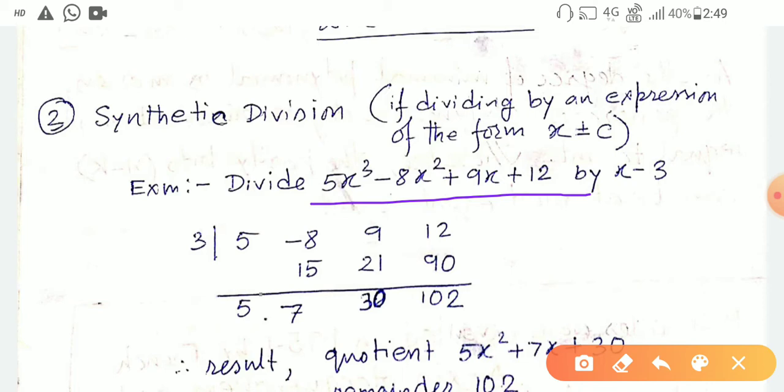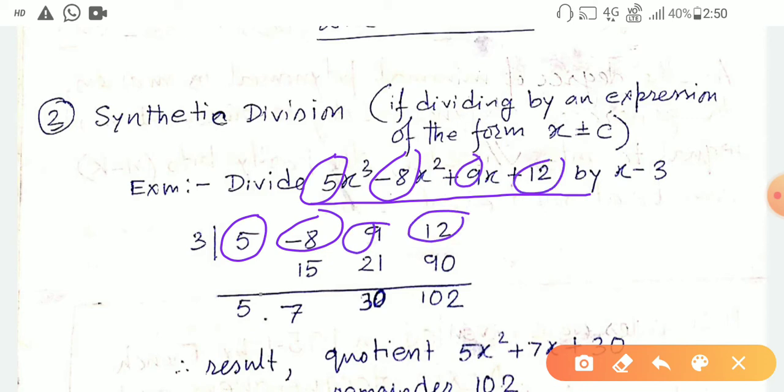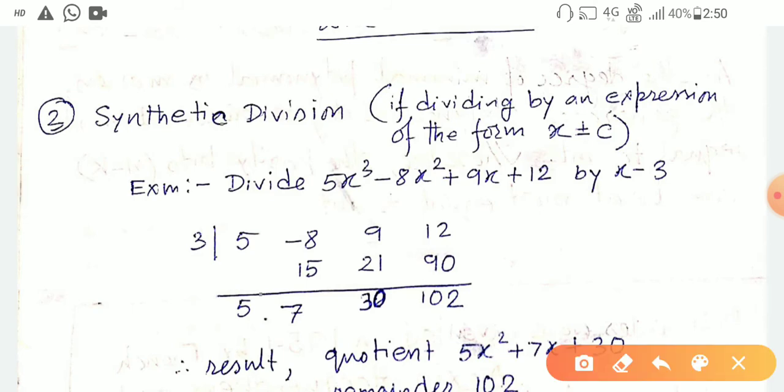You just identify the coefficients of each term. If any term is missing, you should apply 0 at that coefficient position. So here it will be 5, minus 8, then 9, and 12. After that, you divide by x minus 3, so you apply 3 here.